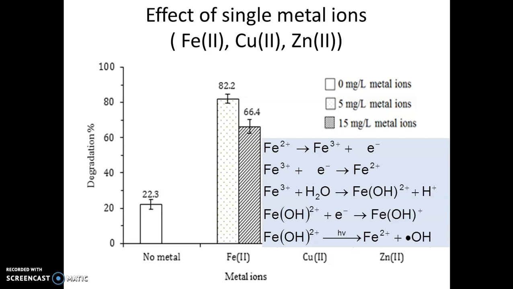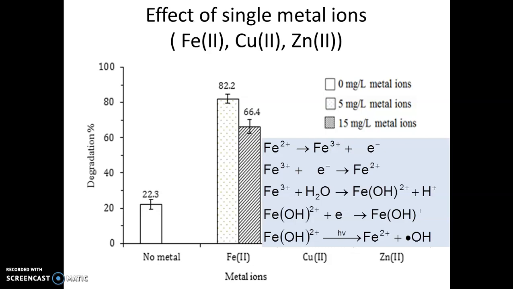Moreover, the production of FeOH2+ complex has the ability to capture the photogenerated electron. Thus, it prevents the recombination process of hydroxyl radical with a free electron, and eventually yields a reduced form of FeOH+ complex. The synergistic combination of these reactions explains the enhancement of the photodegradation efficiency of glyphosate in the presence of Fe2+ ion.